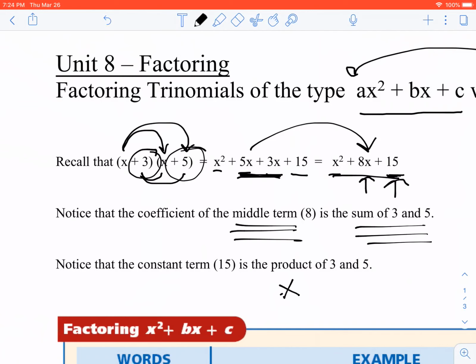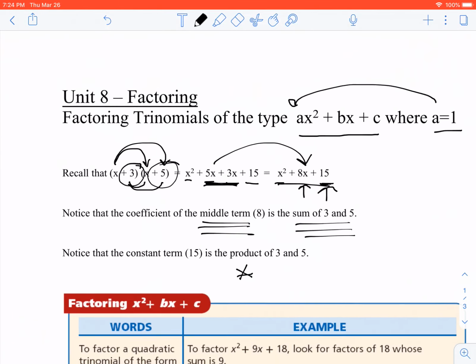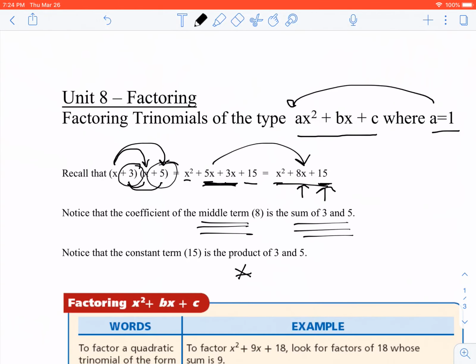Product meaning multiply. So we multiply those two numbers, 3 and 5, and we get 15. So the puzzle that we have to figure out on these problems is what number times what number equals the last number, and what number plus what number equals the middle number. And that's how we factor a quadratic: we have to figure out that puzzle.